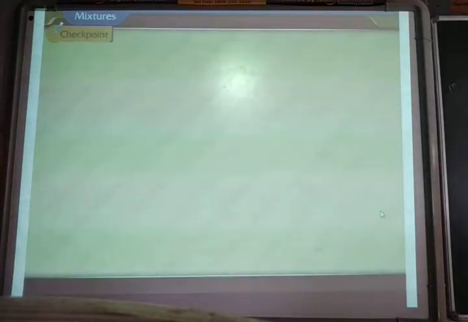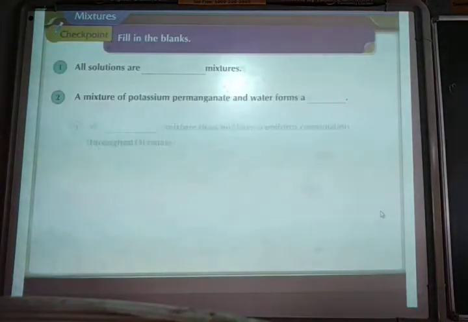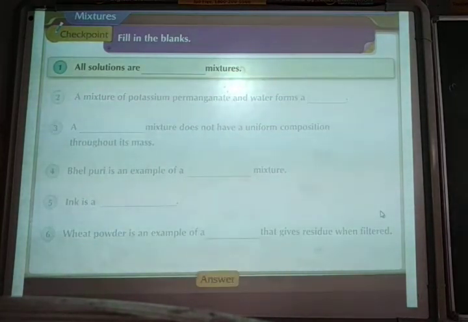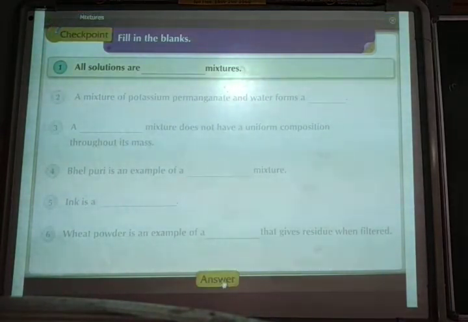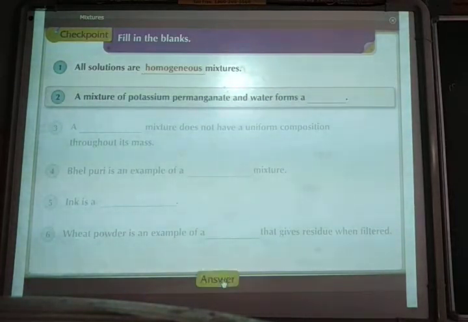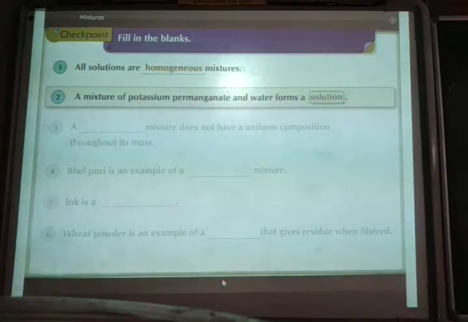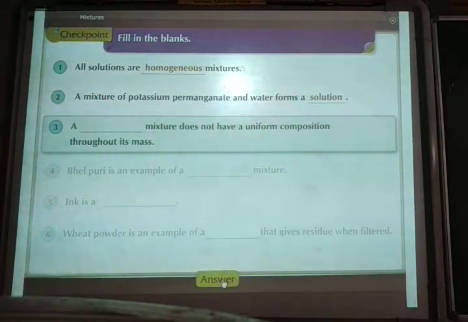Let's do a quick check. All solutions are homogeneous mixtures. A mixture of potassium permanganate and water forms a homogeneous mixture or solution. A heterogeneous mixture does not have a uniform composition throughout its mass.